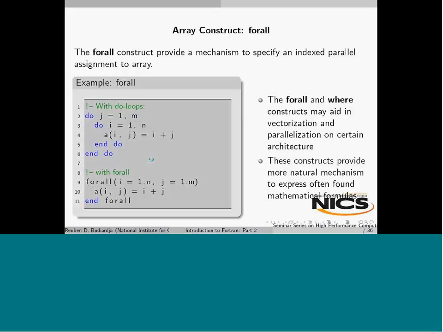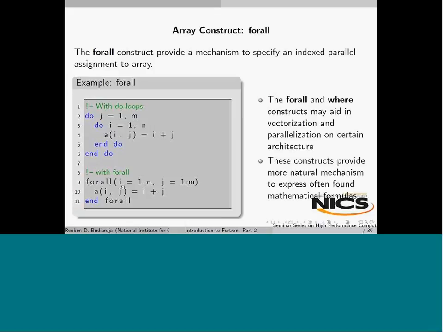Another array construct that we use is forall, a mechanism to specify an index parallel assignment to an array. For example, if you have this do loop where you go through the elements of this 2-dimensional array and assign the value i plus k, you can change this with forall for i from 1 to n and 1 to m.